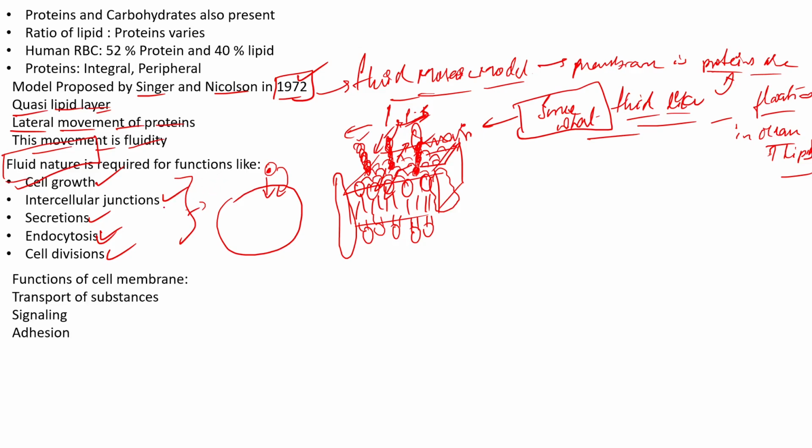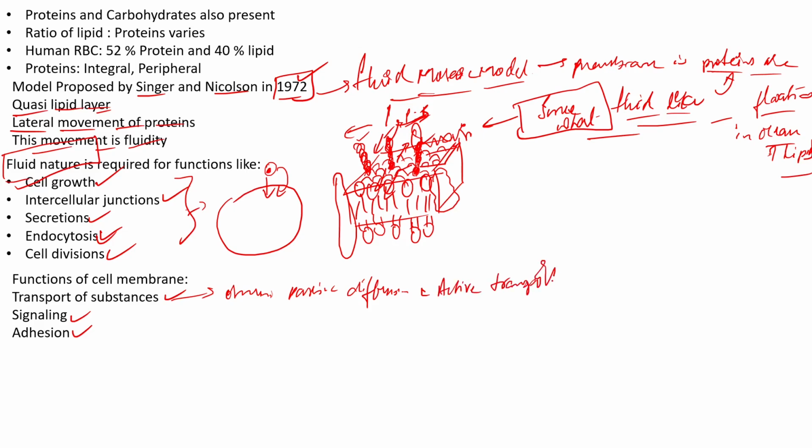So let us look into the functions of the cell membrane. It is mainly involved in the transport of substances, it is involved in signaling, and it is involved in adhesion. Transport of substances includes osmosis, passive diffusion, and also active transport.